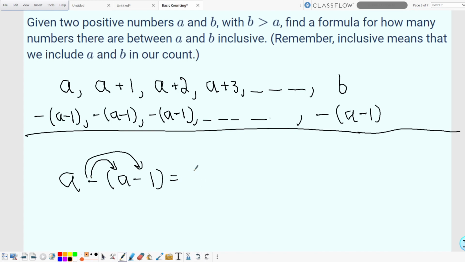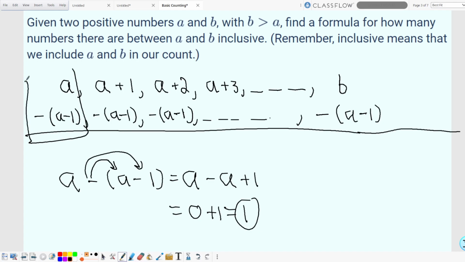The minus gets distributed to the A inside the parentheses, so that's a negative A. And then the negative sign gets distributed to the negative 1, so that becomes a positive 1. And hopefully you can see, A minus A would be 0, plus 1 is just equal to 1, right? That's why this is going to work, because now we know that this part of our problem is going to end up equaling 1.